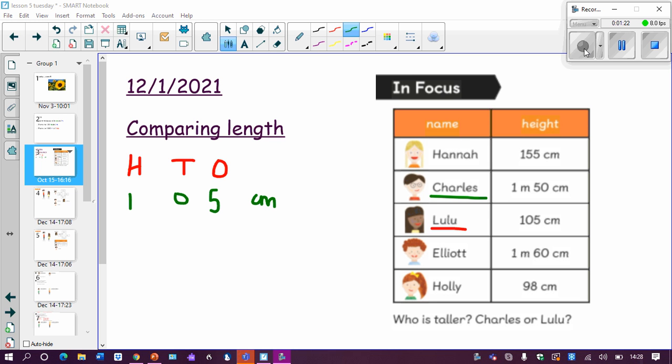Okay, let's run through it together. Now, I've decided that I am going to change Lulu's measurement into metres and centimetres. Lulu is 105 centimetres tall. I know that 100 centimetres is the same as 1 metre.